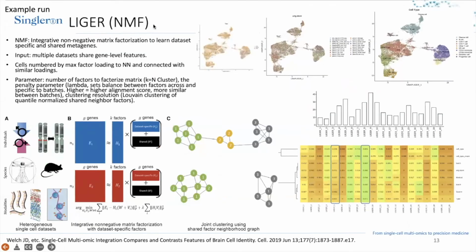So now we begin to move into the methods that use more of a clustering-based approach. It makes use of non-negative matrix factorization, and the benefit of this non-negative matrix factorization is that the reduced dimensions, or the factors or embeddings learned from this method, have more biological meaning. By taking the genes calculated from this NMF, it is possible to look at the gene list itself and find out the biological meaning behind it.